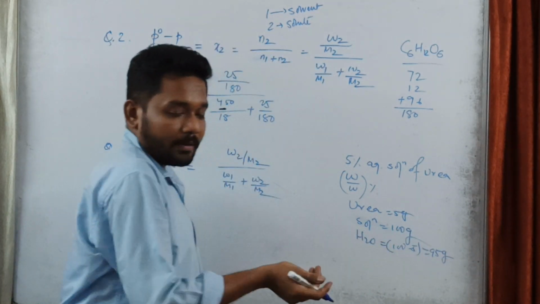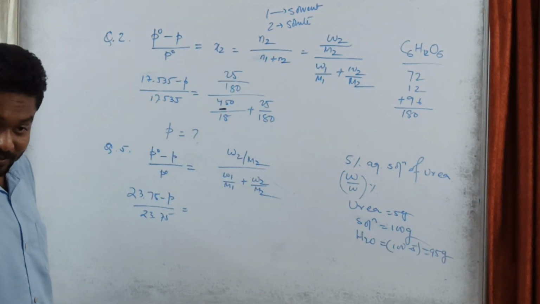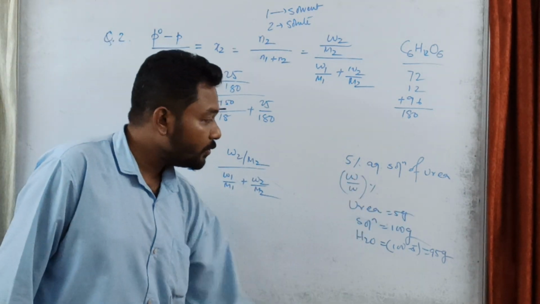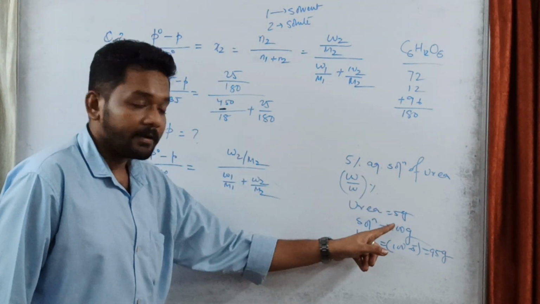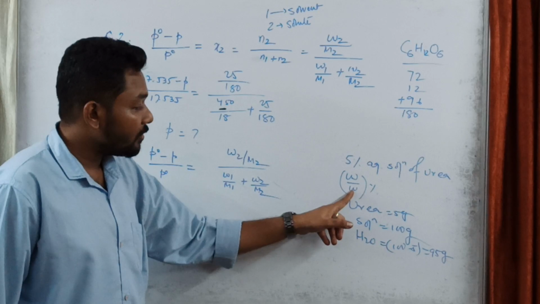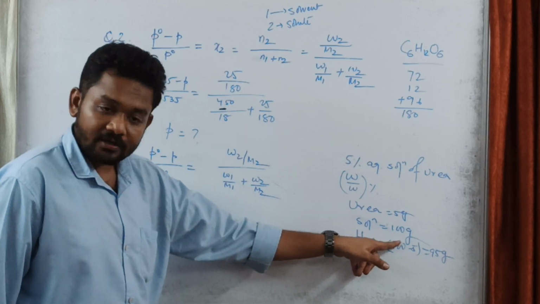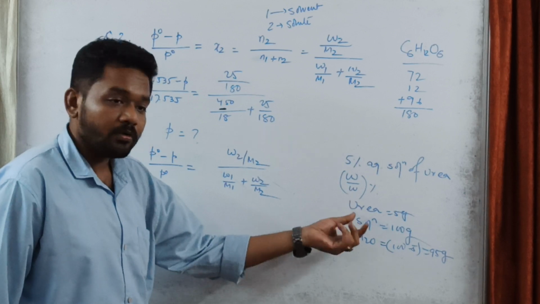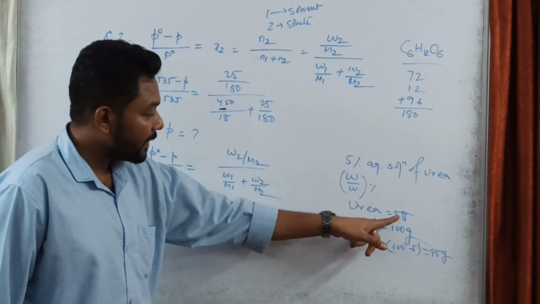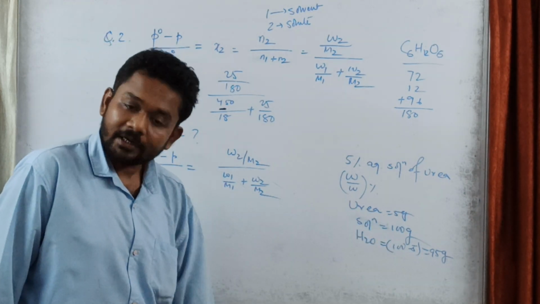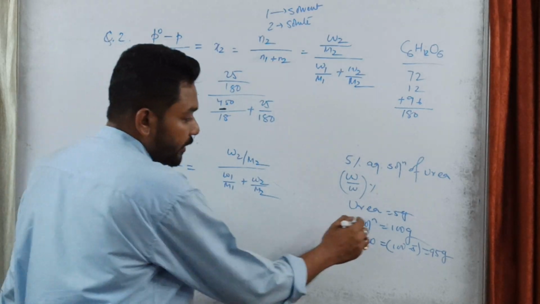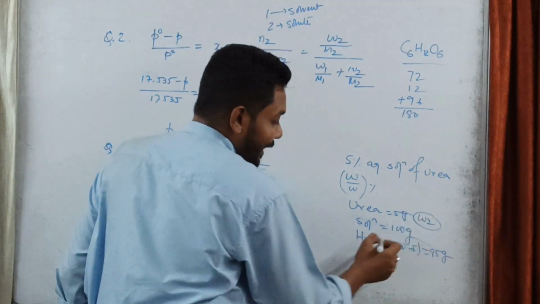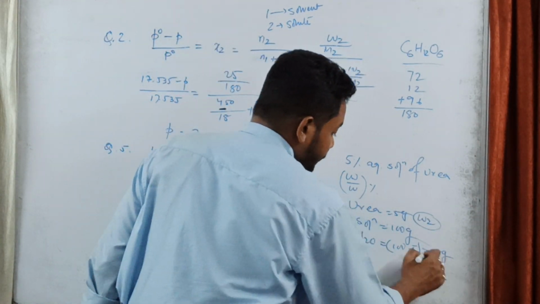We have done that sort of question with a 10% sucrose solution. Because solution means solute plus solvent, if solute is 5 gram, the solvent should be 100 minus 5, 95. So this is urea, that will be W2, and this is water, that should be W1.